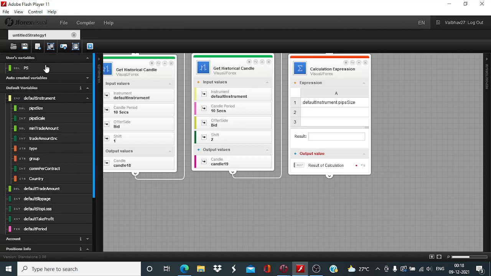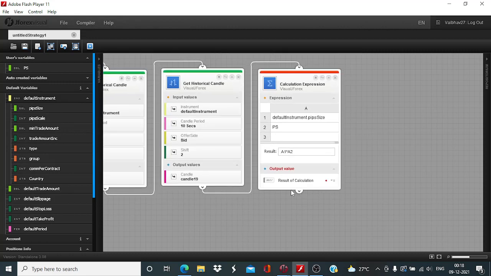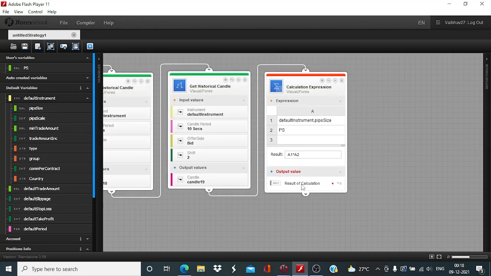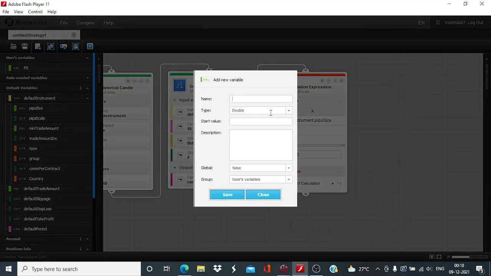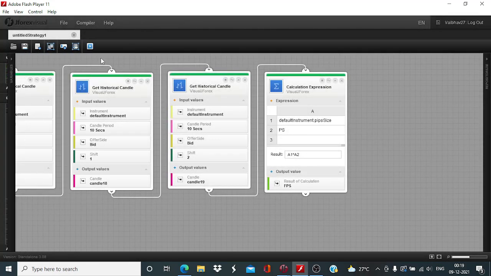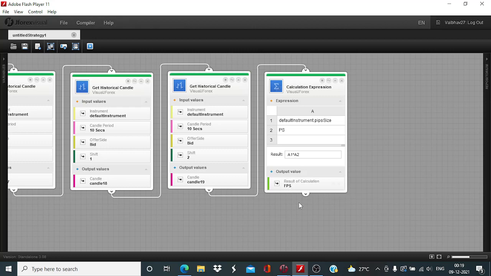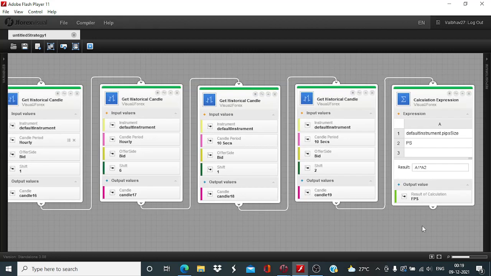So here we have this A1 into A2. And here we have now a newly created variable with the output value of 15 pips.